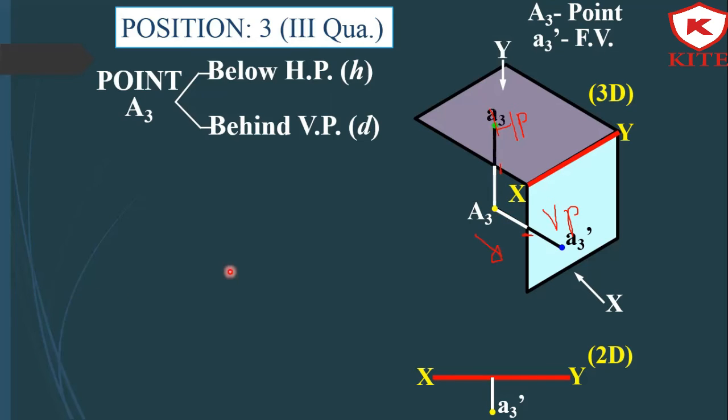So A3 will be at HP, the top view, and A3 will be above the XY line.